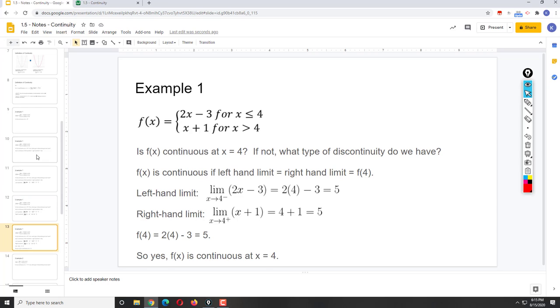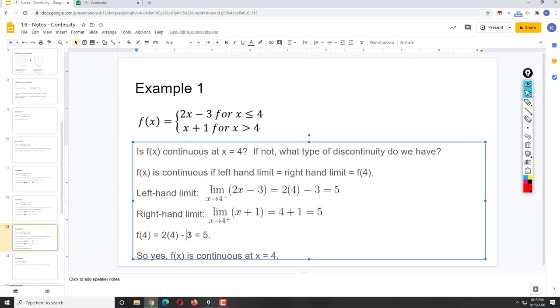The function is also 2 times 4 minus 3, which is equal to 5. We use 2x minus 3 because the function says for x less than or equal to 4, we use 2x minus 3. Because the left-hand limit, the right-hand limit, and the function are all equal, we say yes, f of x is continuous at x equals 4.